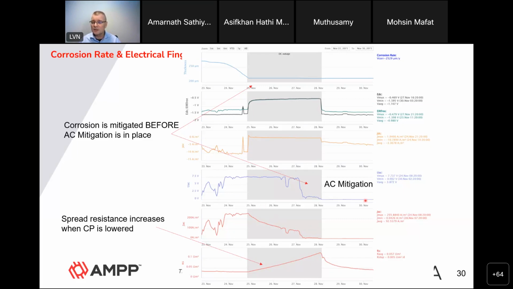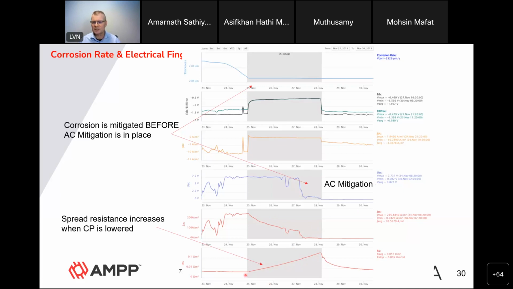So instead of, or maybe in combination with, the establishment of AC mitigation wires, if I had a pipeline and if I was a pipeline operator, I would start looking at my polarization characteristics, make sure I don't cause the problems myself.